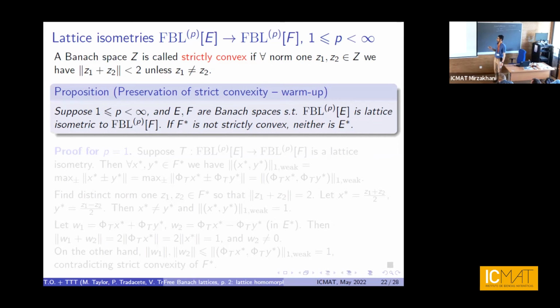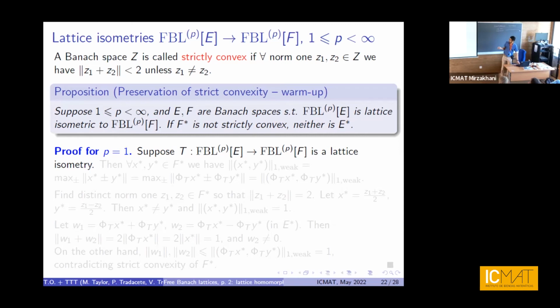And then the duals of E and F are either both strictly convex or both fail to be strictly convex. Here I should note that strict convexity of the dual implies smoothness of the space itself, but the converse is not necessarily true.